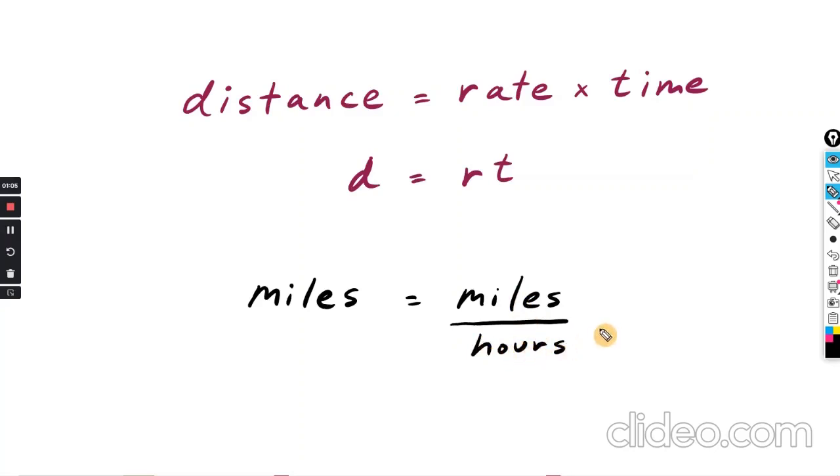Okay, miles per hour, and that would be multiplied by the time. Let's say the time was in hours. So what happens here on the right hand side, we have hours in the numerator divided by hours in the denominator. And you'll end up with the same units on both sides of the equal sign.